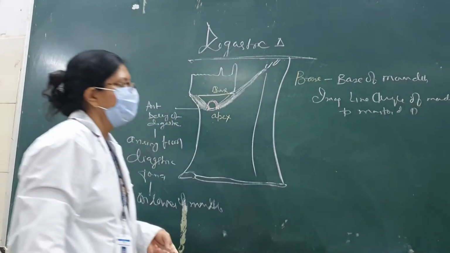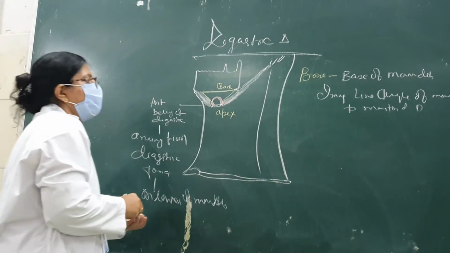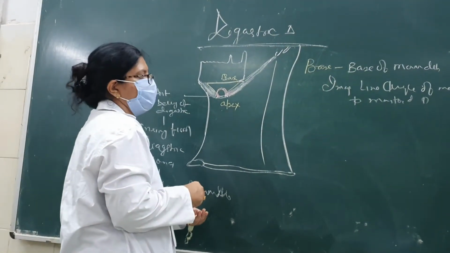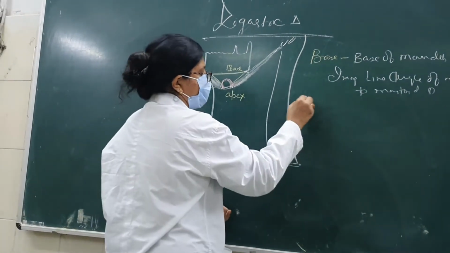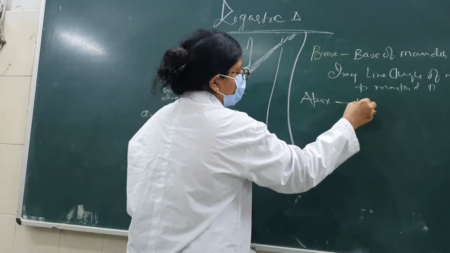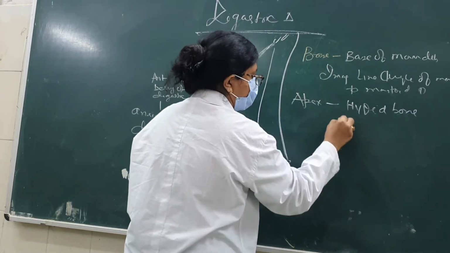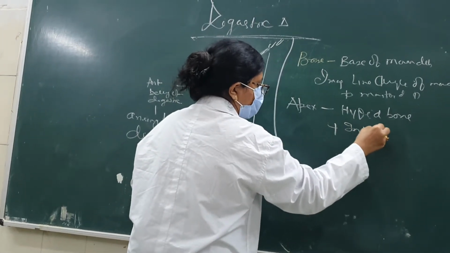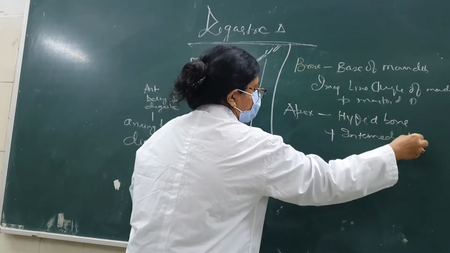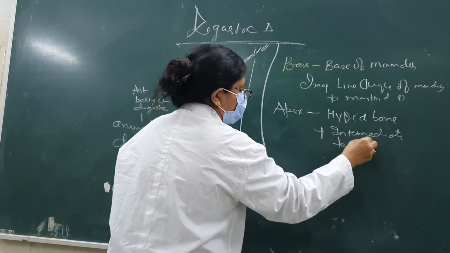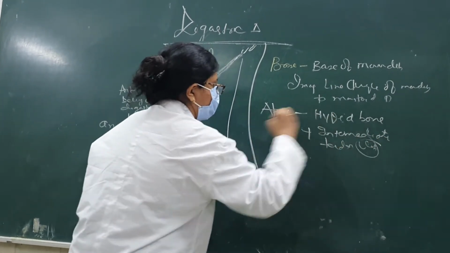So this is the digastric triangle. Okay, and then we have the base and the apex at the hyoid bone and intermediate tendon or loop. Okay, so this is the apex.